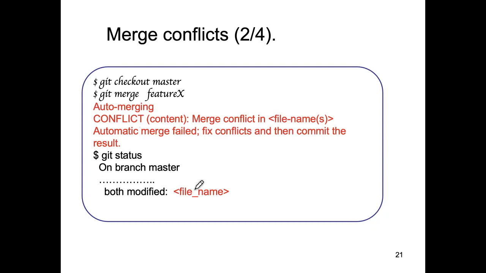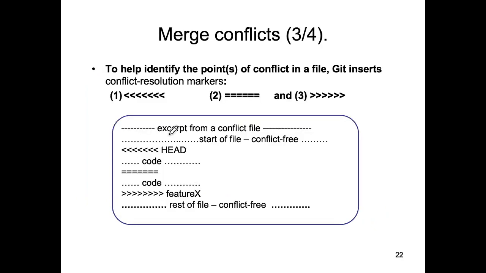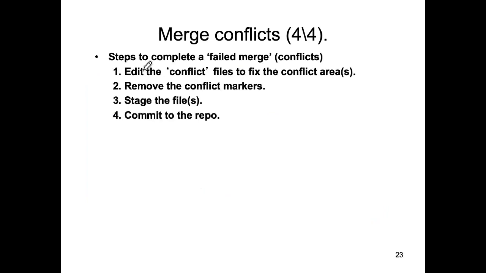Having found the problematic files in our working directory, we go through this procedure of editing the conflicting files, getting rid of the markers, doing a staging and commit, and now you have successfully completed a merging of diverging conflicting branches, all of which I've set up for you in the lab anyway.